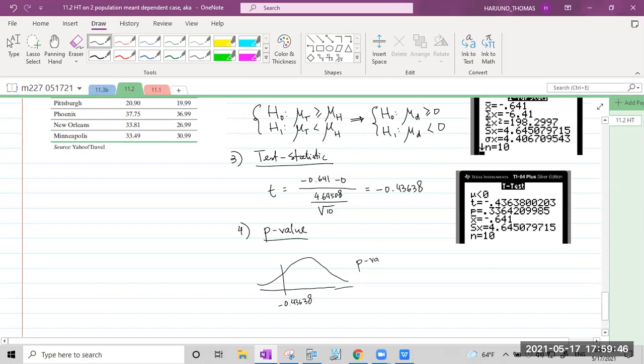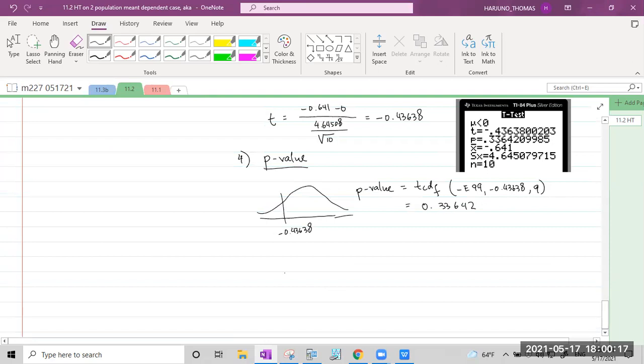For the p-value, you still need to write your calculator notation though. This is tcdf, negative E99, negative 0.43638, degrees of freedom 9. According to our calculator, that's 0.33642. You can compute using your calculator to confirm that's the number, but I believe that is.